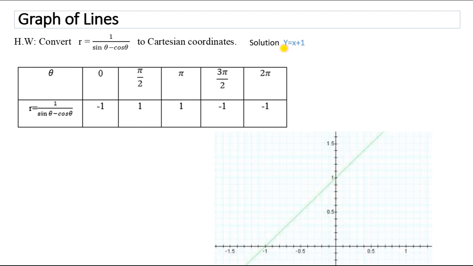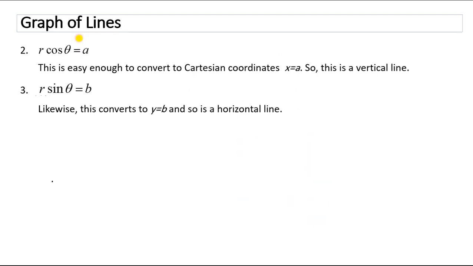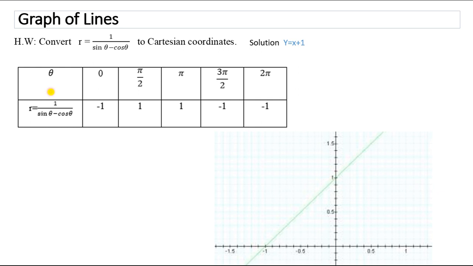This is the equation of a line, because of the combination between 2 and 3. The result is the line y equals x plus 1.